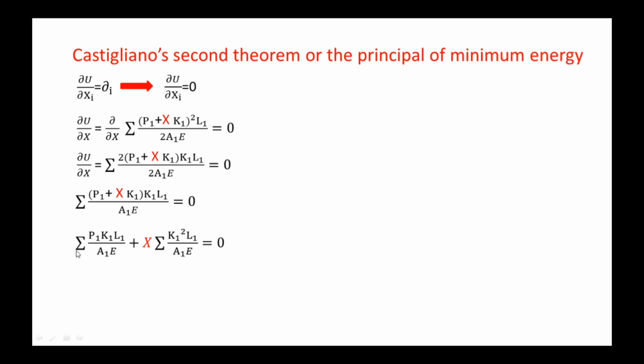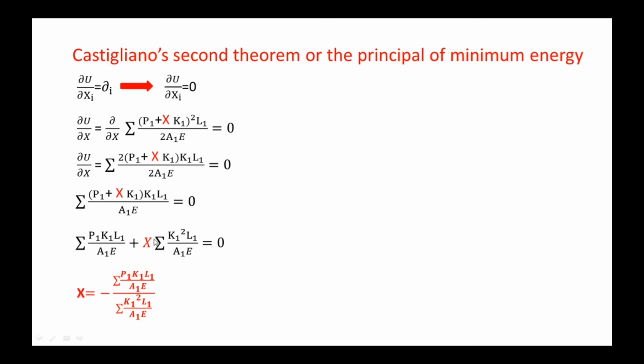Expanding this bracket, it becomes the summation of P1 into K1 into L1 divided by A1 E, plus X into the summation of K1 square into L1 by A1 E, equal to 0.